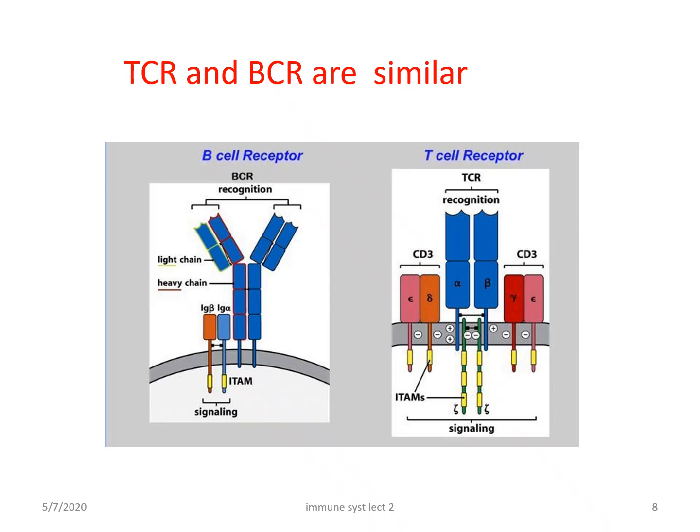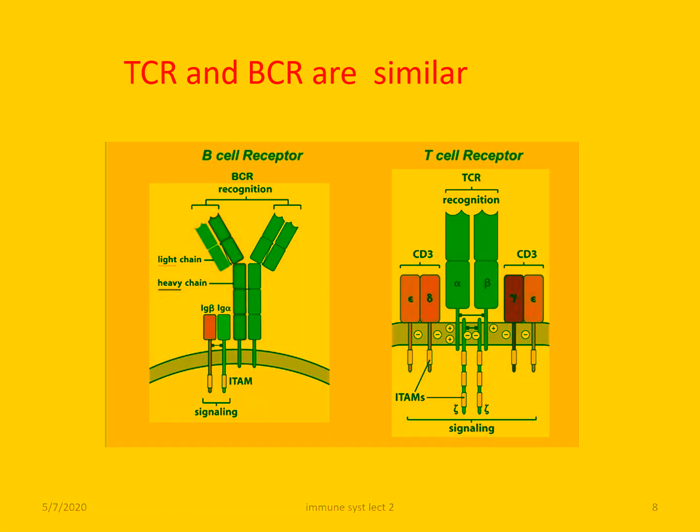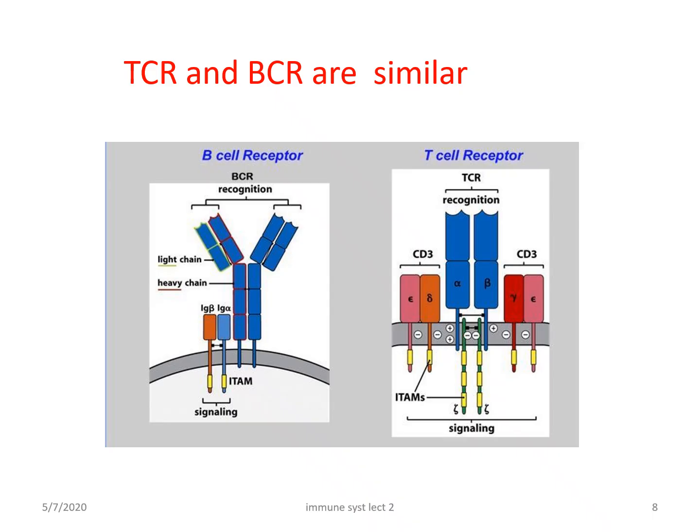In case of B cell receptor, the antigen binding unit is a membrane bound antibody, either IgM or IgD. But in case of T cell receptor, it is not antibody, but it is similar to antibody molecule, consisting of two polypeptide chains alpha and beta, and having a structure comparable to antibody molecule with antigen binding sites on them.